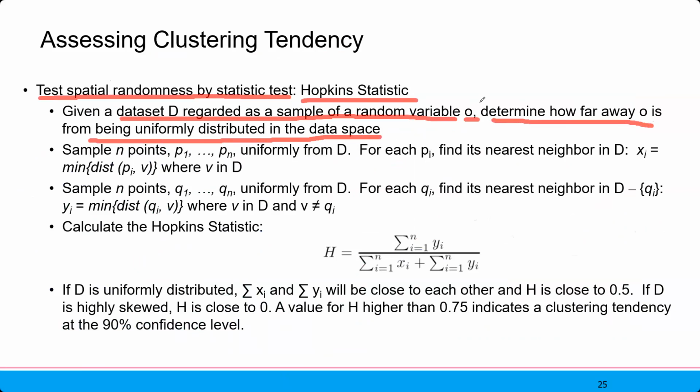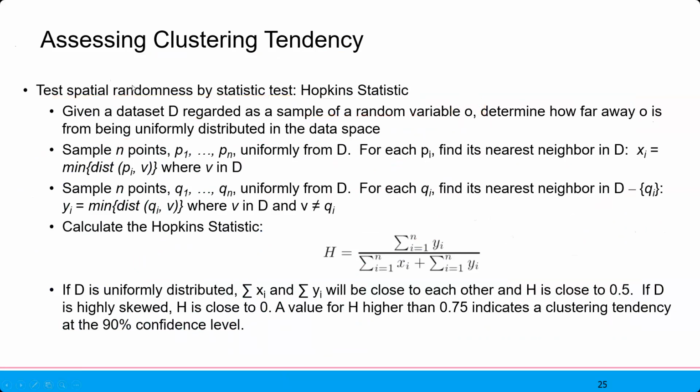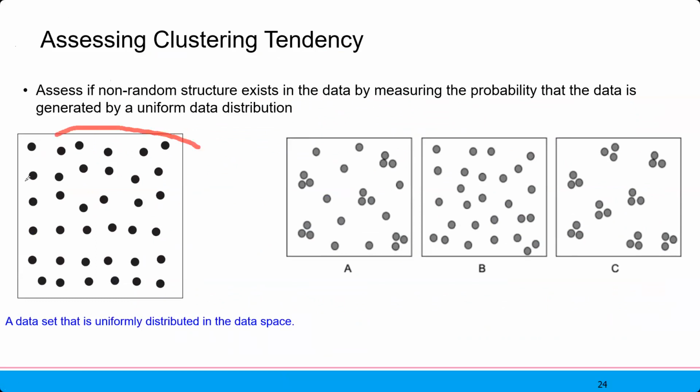So I want to know if any point or any variable O is far from the uniform distribution. You know the uniform distribution is like this one. If the data is far from the uniform distribution, then it may have a clustering tendency.